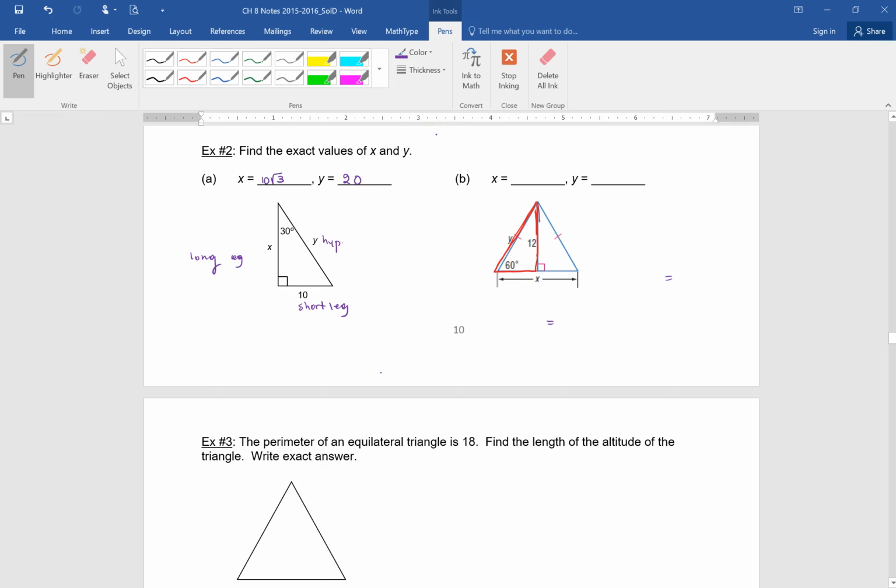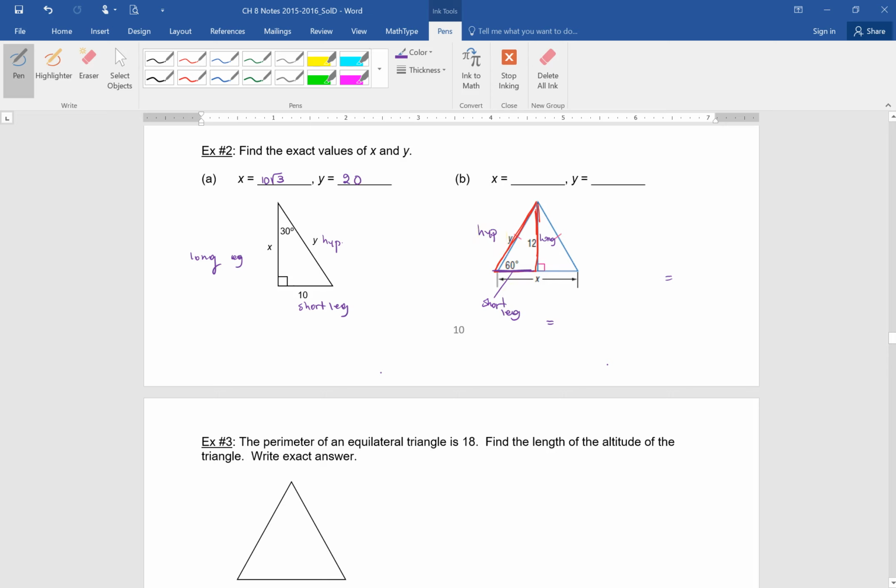Is it the long leg, the short leg, or the hypotenuse? This is the long leg. Where's the short leg? It's half of x. This one is the short leg. And what's y? The hypotenuse. All right. We are given the long leg.